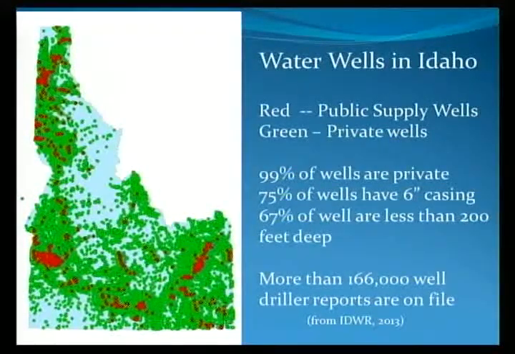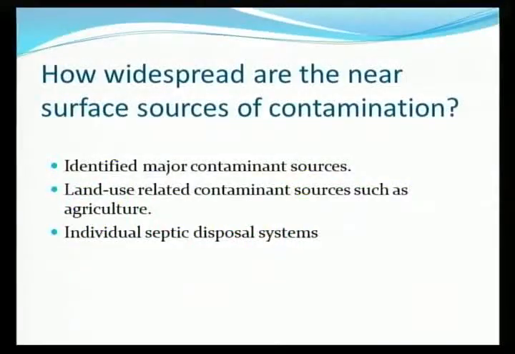It's interesting, more than 166,000 well driller reports are on file in the state. 99% of these are for private wells. 75% of these wells have 6-inch casing, and 67% of the wells are less than 200 feet deep. In other words, the dominant wells constructed in Idaho are for domestic uses and are small diameter and relatively shallow.